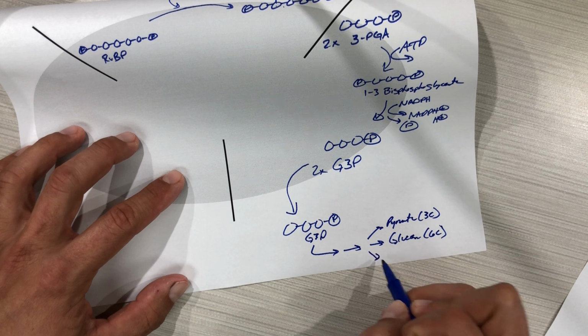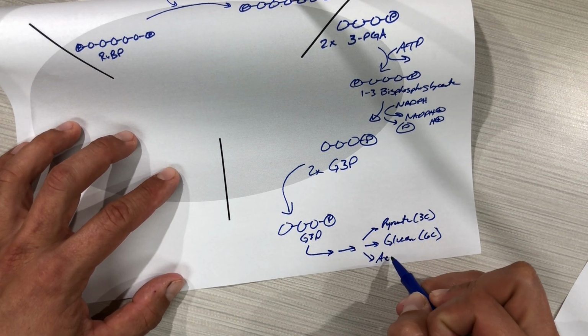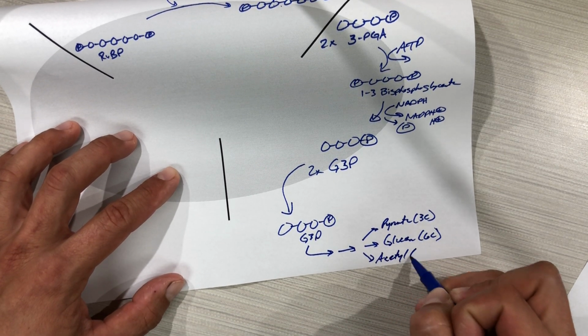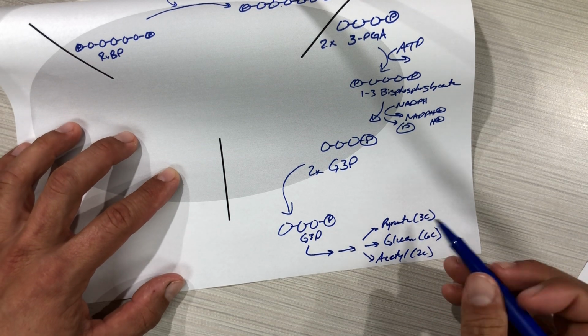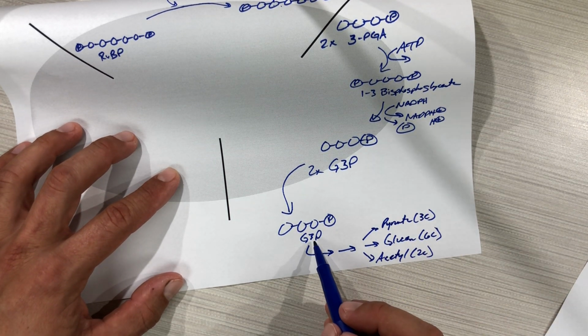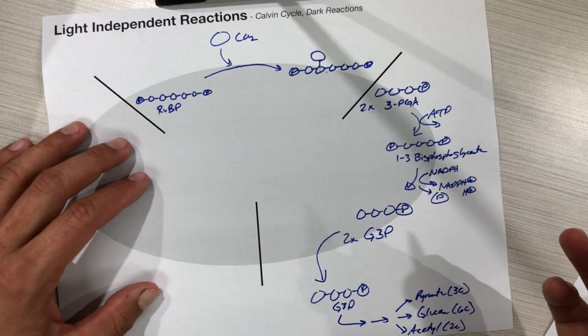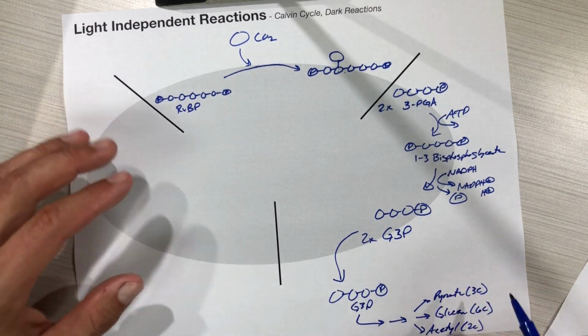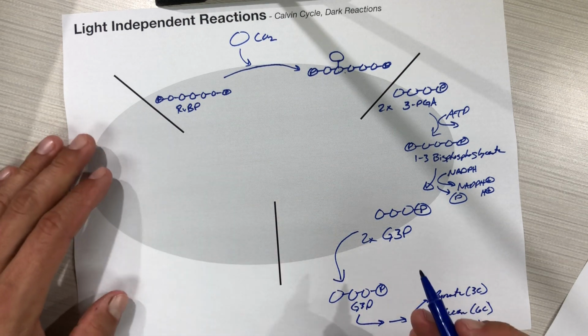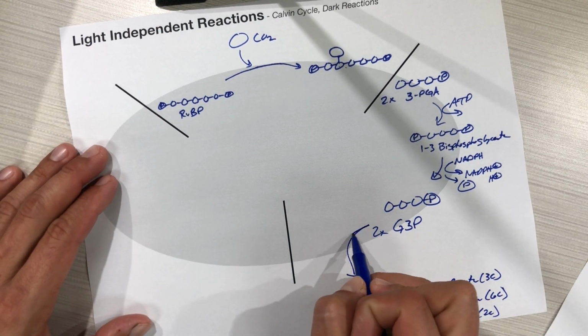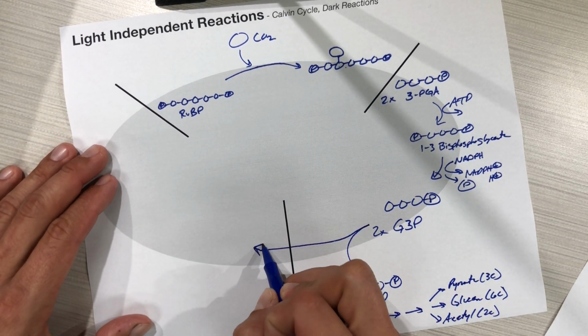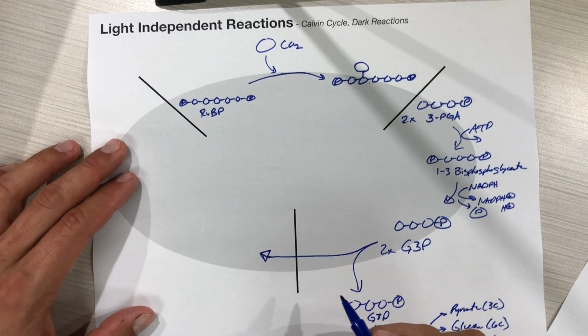We could also clip one of those carbons off, and we get the 2-carbon version, which is acetyl. So there's all sorts of things we could do with this G3P so that we can produce ATP from it with any of the steps along normal aerobic cellular respiration. So that's like our product. We're going to take that. That's our pay.